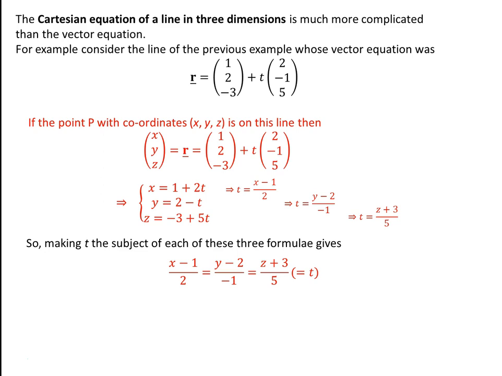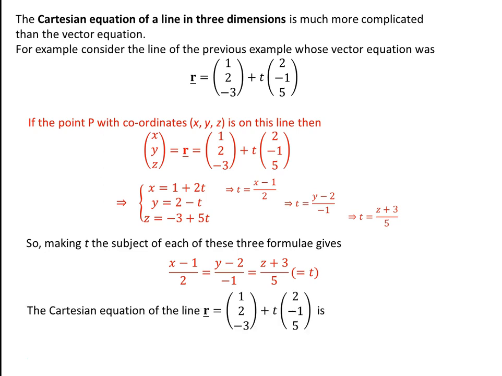So we now have a Cartesian equation for the line (1, 2, -3) + t(2, -1, 5), and that Cartesian equation is (x - 1)/2 = (y - 2)/(-1) = (z + 3)/5.